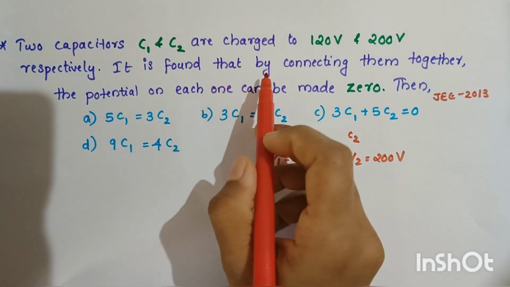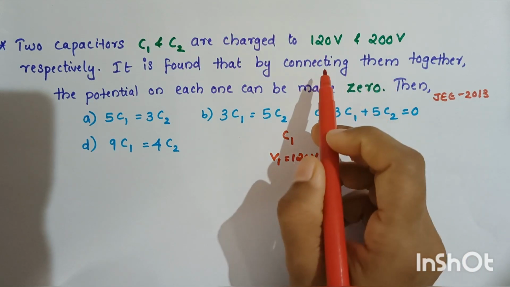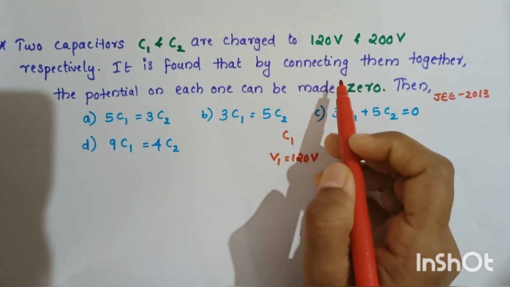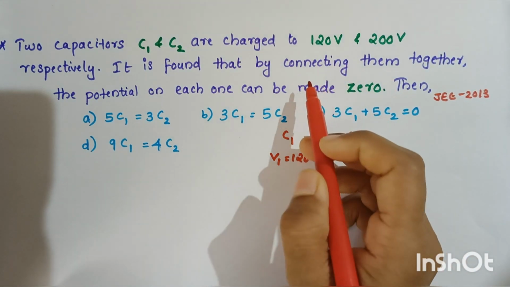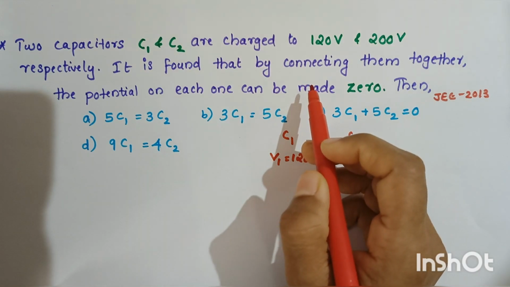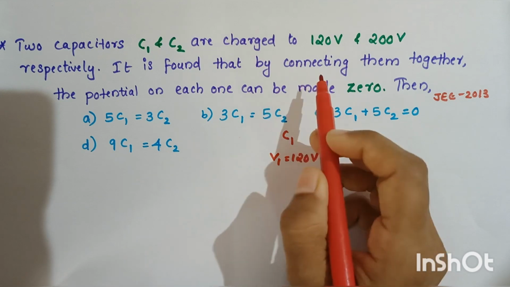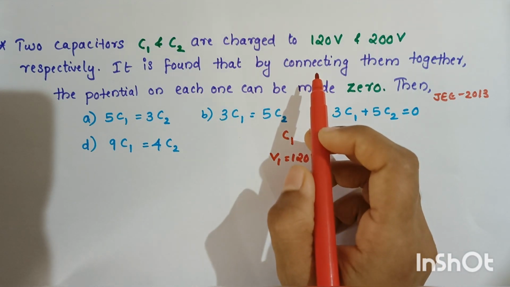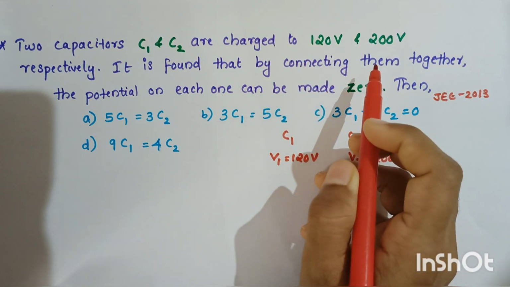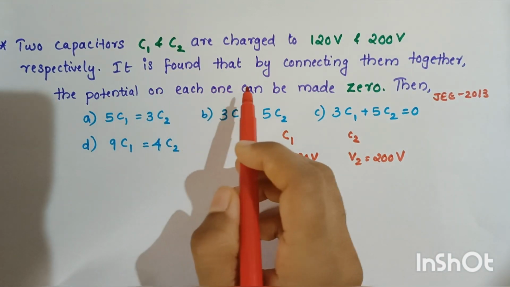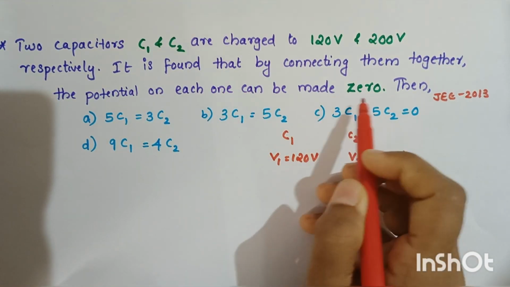Then, it is found that by connecting them together, so we are connecting these two capacitors together, they can be connected in series and they can be connected in parallel as well, no? But here they haven't given us in which way these two capacitors are connected. It is given that by connecting them together, the potential on each one can be made 0.